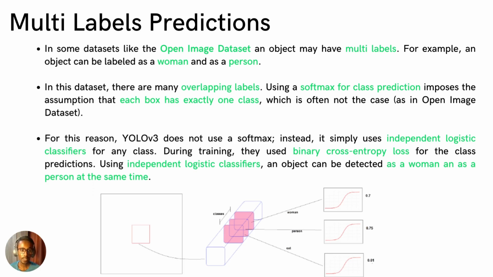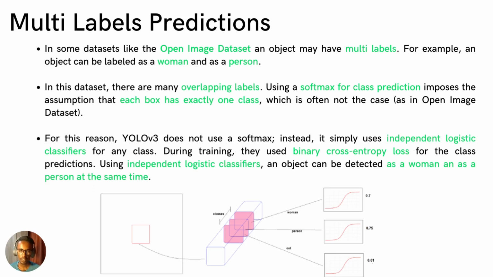For this reason, YOLOv3 does not use a softmax layer. Instead, it simply uses an independent logistic classifier for each class. And when you use a logistic classifier, they calculate the loss by using binary cross-entropy loss for the class predictions.